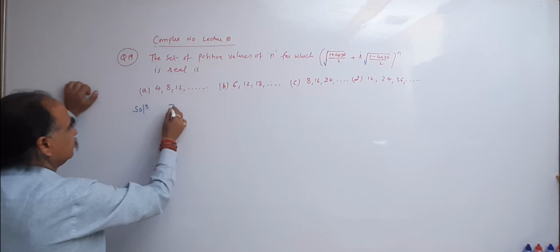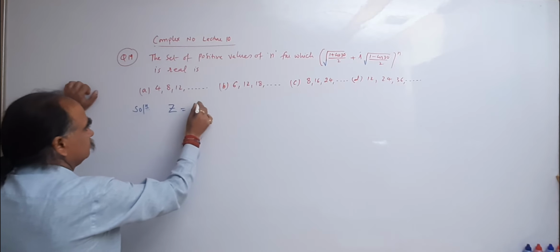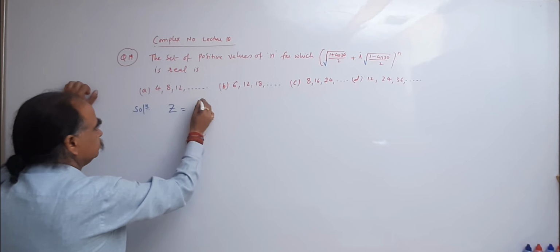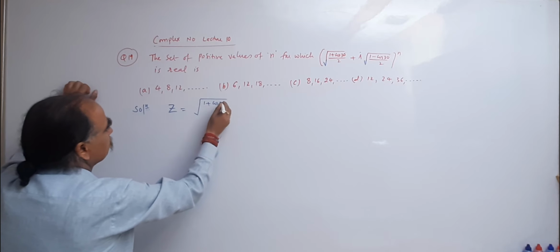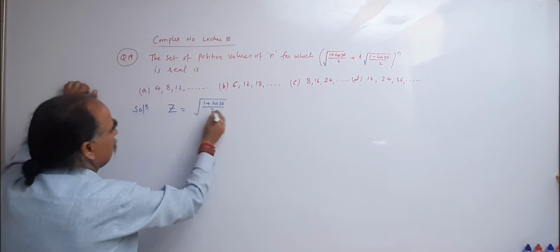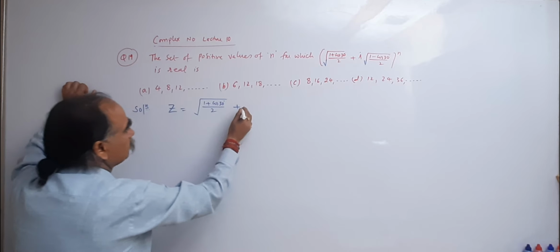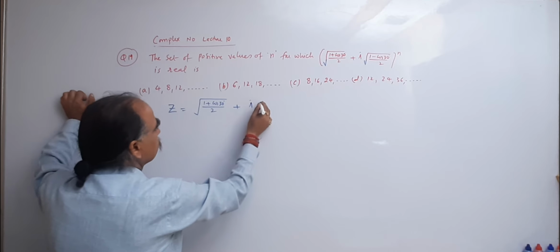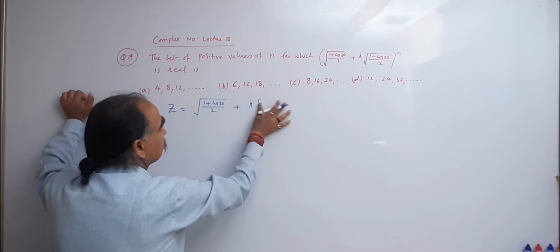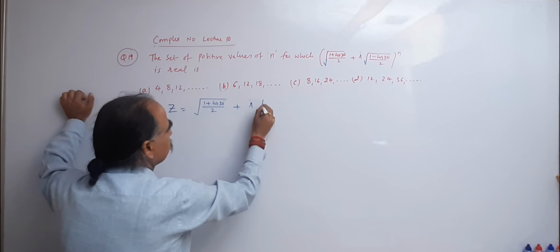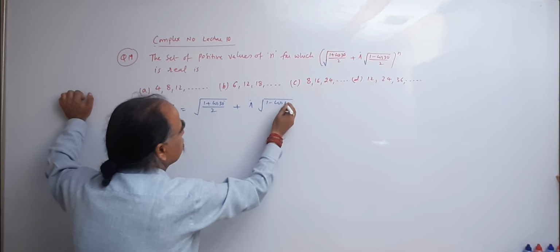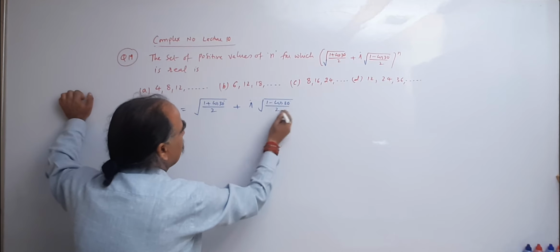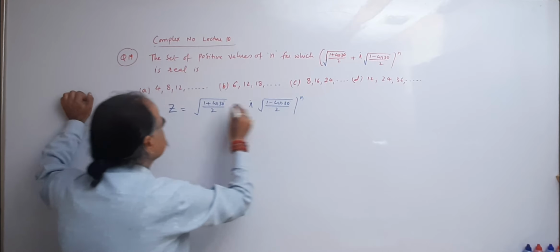What is z? z is (root of (1 plus cos 30 degree) upon 2 plus i sin... i into root of (1 minus cos 30 degree) upon 2) raised to n.